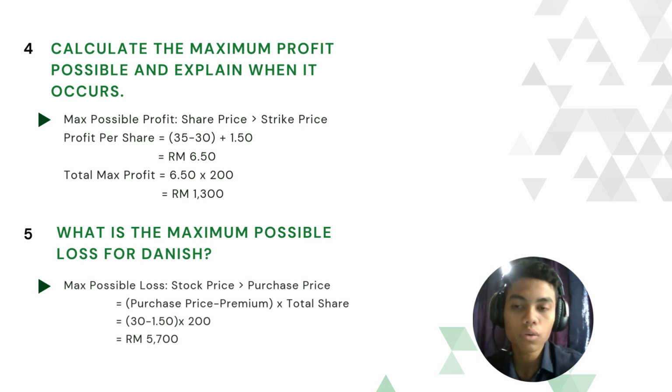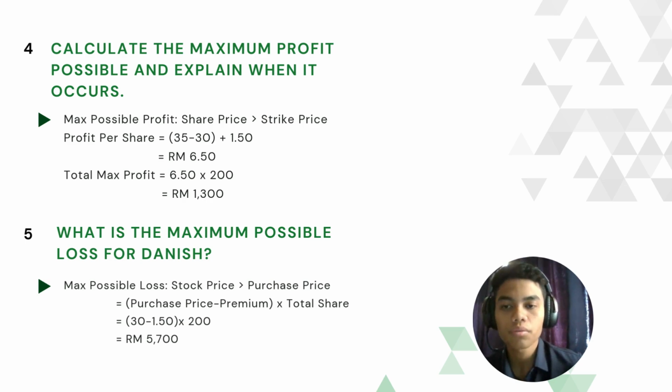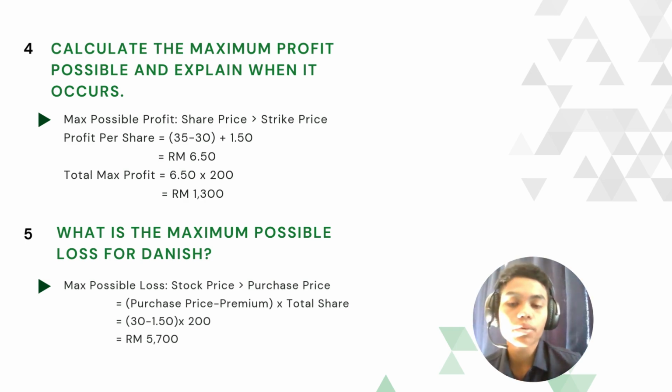For questions number 4 and 5, we want to calculate the maximum profit and maximum loss. The maximum possible profit we can get is when the share price is higher than the strike price. The maximum possible loss is when the stock price falls below the purchase price.